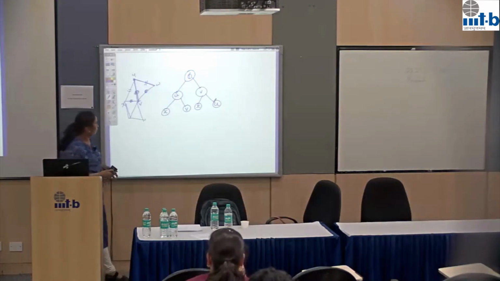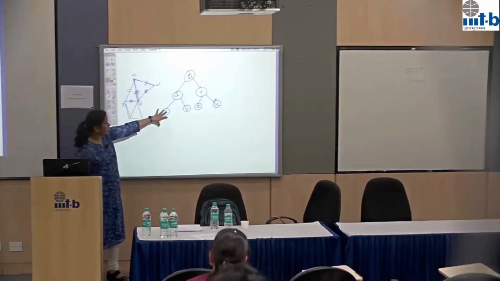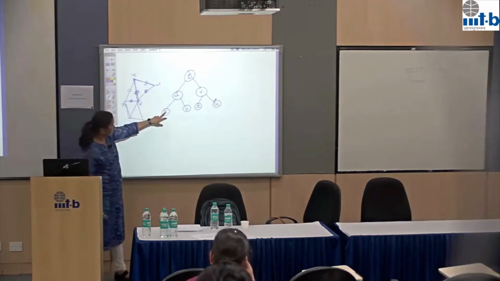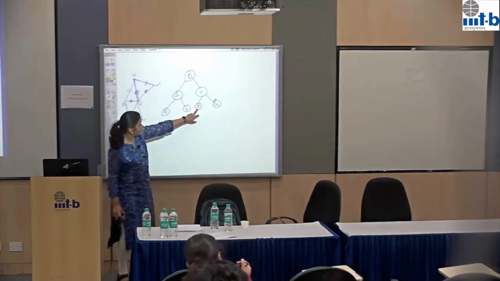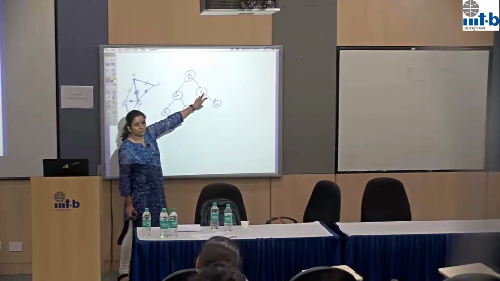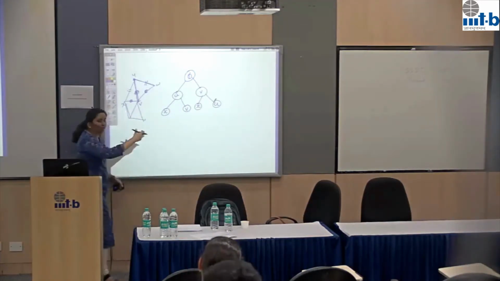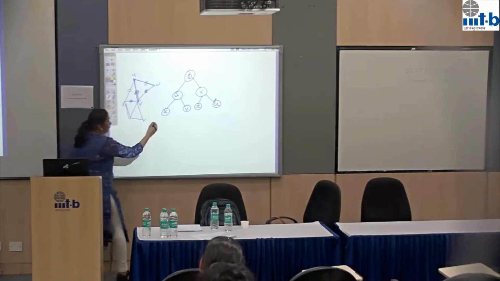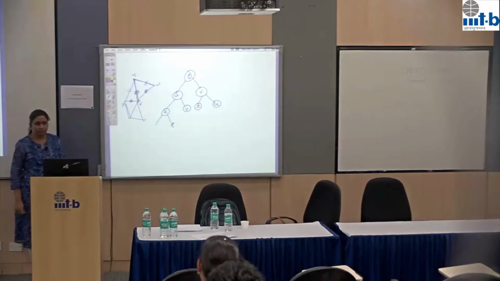So what does this node correspond to? This node corresponds to a partial solution where X is in the solution and U is in the solution. Similarly, this node corresponds to a partial solution where X is in the solution and V is also in the partial solution. Then we repeat: we take the next edge which is not covered and again branch on it, right?